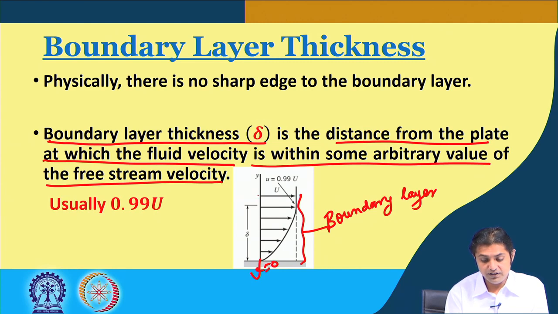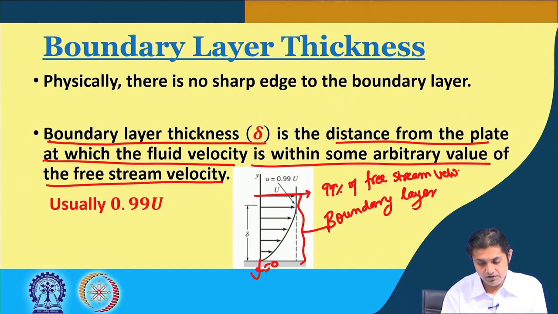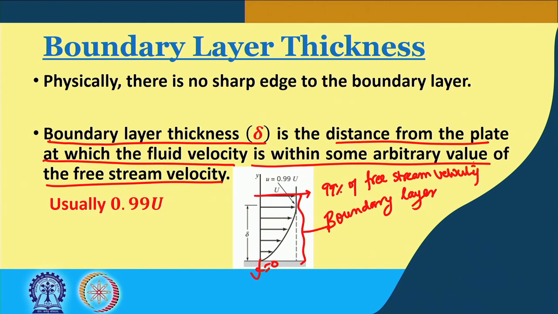So, we assume when the velocity reaches almost 99% of the free stream velocity, the boundary layer ceases to exist above that, and that thickness is called the boundary layer thickness.